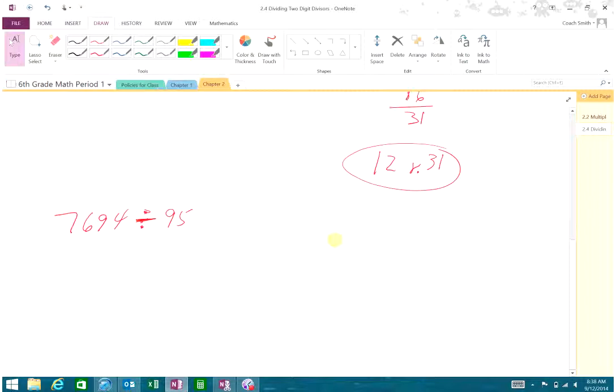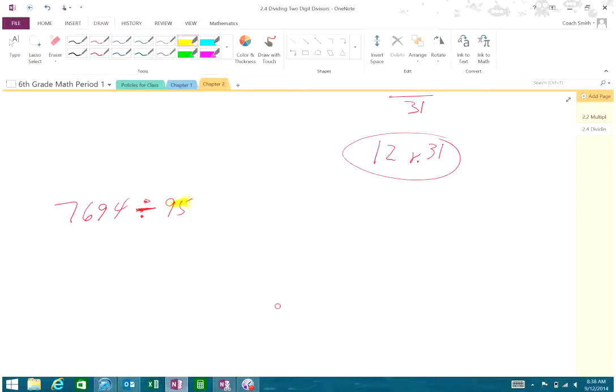Now, as we said, this 95 is the divisor. Okay, it goes on the outside. This is the dividend. It goes on the inside. So it gives me 95 into 7,694.